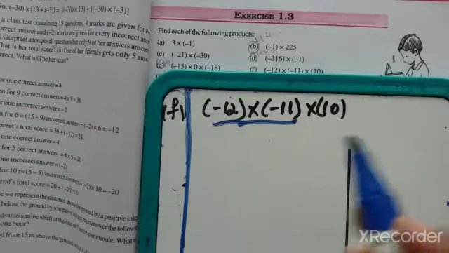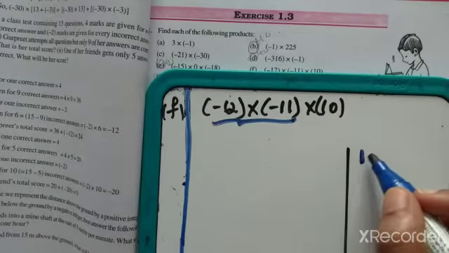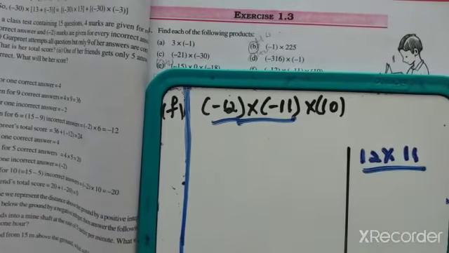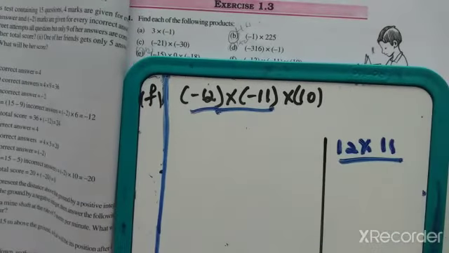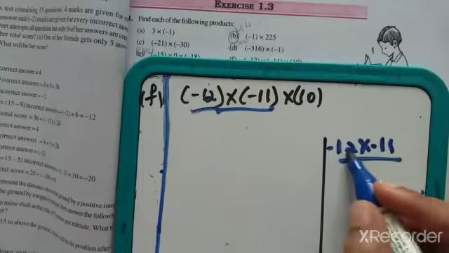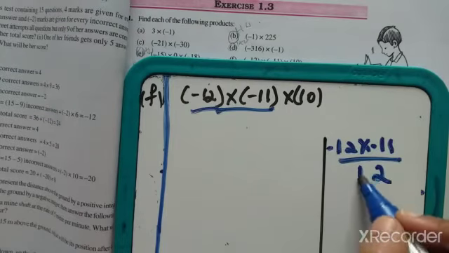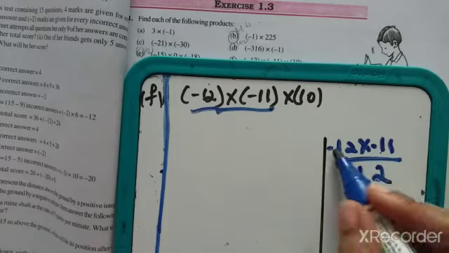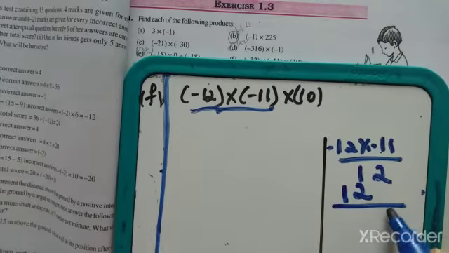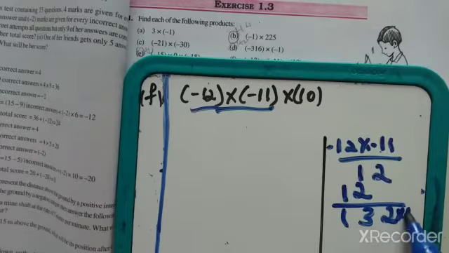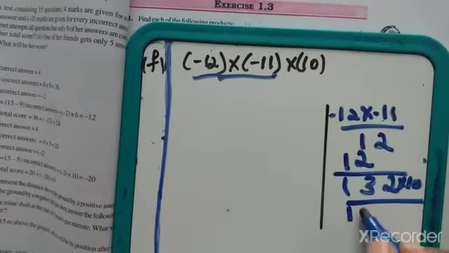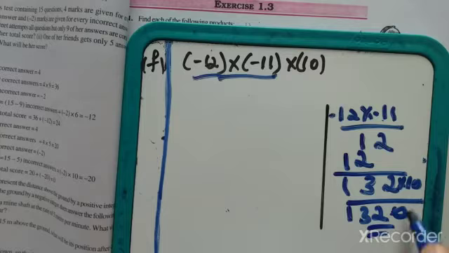Minus 12 into minus 11, first multiply 12 into 11, and after that we can write the symbol. 1 2s are 2, 1 1s are 1, 1 2s are 2, 1 1s are 1. Answer is 2, 1 plus 2 is 3, 132. With 132 again we have to multiply 10. 132 into 10 is 1320. That we can write directly, or multiply and see you get the same answer, 1320.